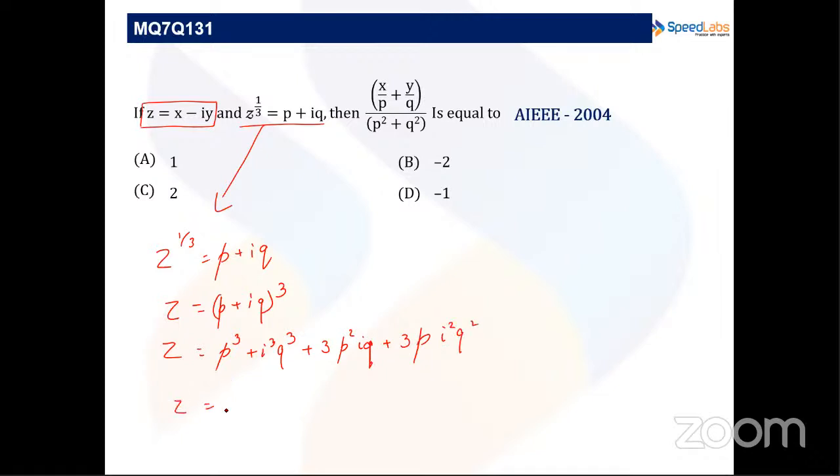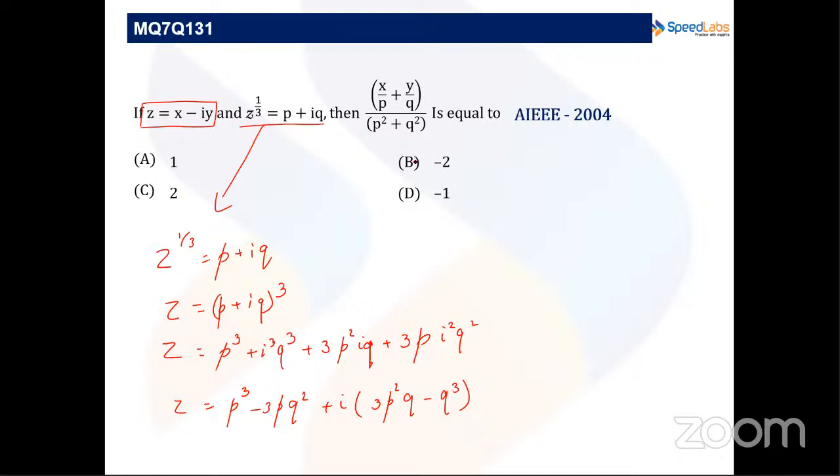Then the real part will be p cube minus 3pq square, plus i times 3p square q minus q cube.